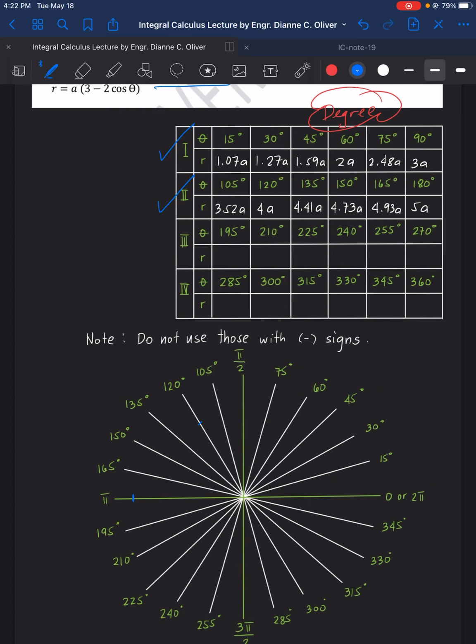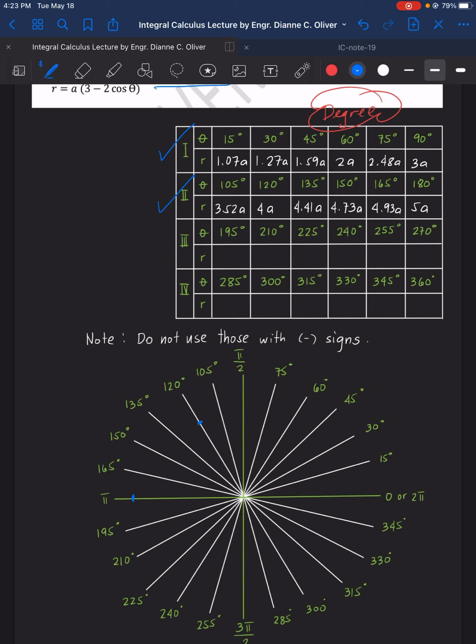So if this is 5A, then this one here is 4A, a much lesser radius. What I'm doing right now is I'm not locating all points. I'm just locating all the whole numbers and then just make some sketch.